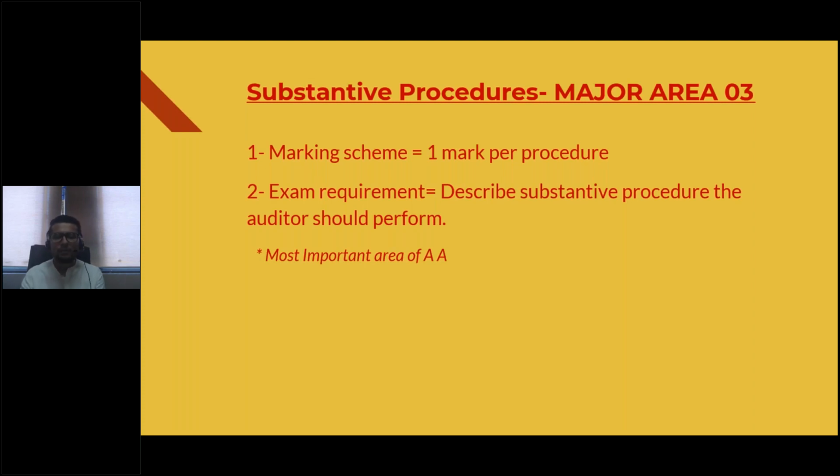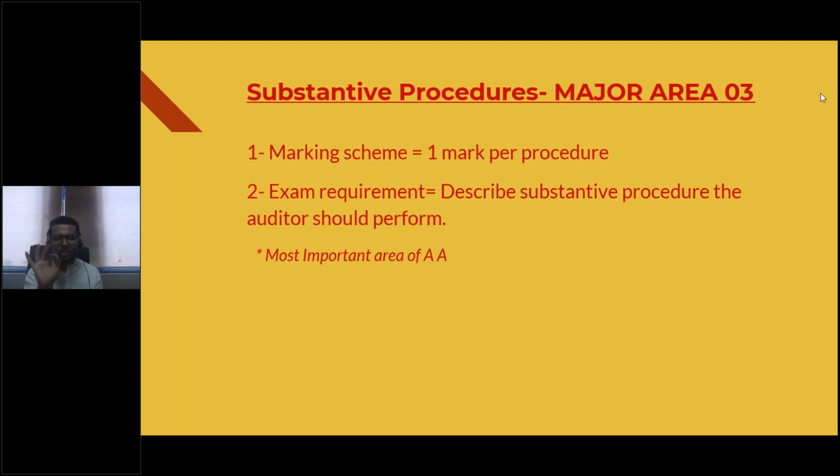Okay, as far as the marking scheme is concerned, there is 1 mark per substantive procedure. If the examiner is going to ask for a 5-mark question, you need to come up with 5 procedures. If you write 7 procedures, you are not going to get more than 5 marks. If you write 10 procedures, you are not going to get any extra bonus. You will only get 5 marks.